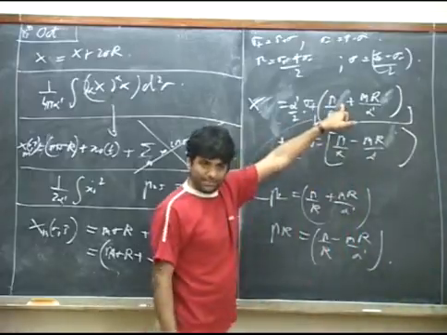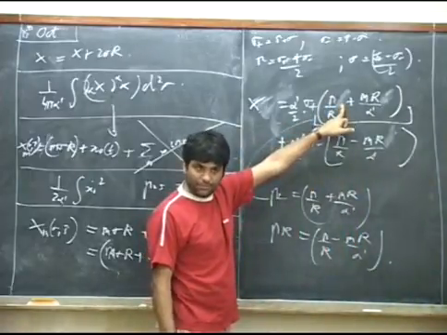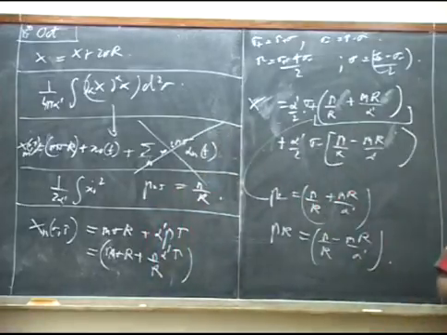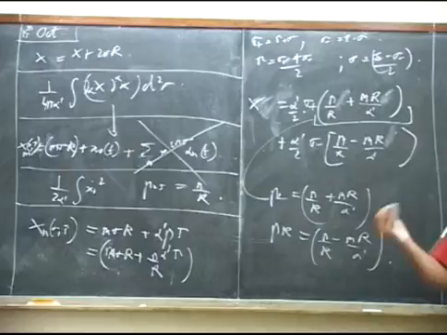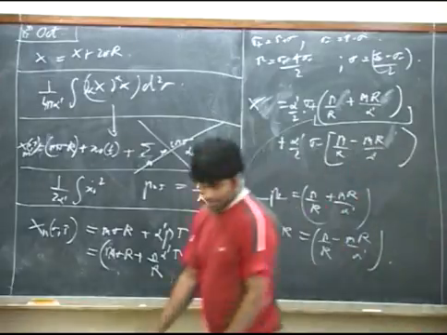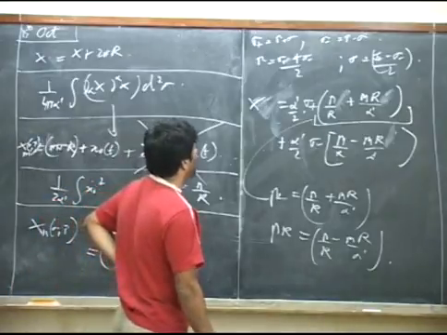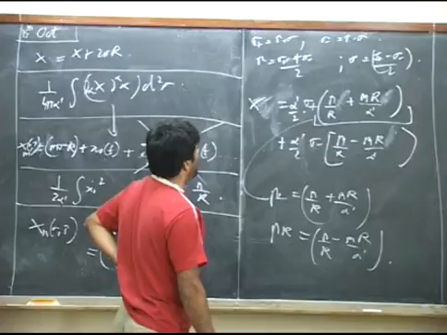The left moving contribution to the zero mode and the right moving contribution to the zero mode need not be the same. And in fact, in the nth sector, they are not the same. The left moving contribution to the momentum will be half of, well, the total momentum is PL plus PR.